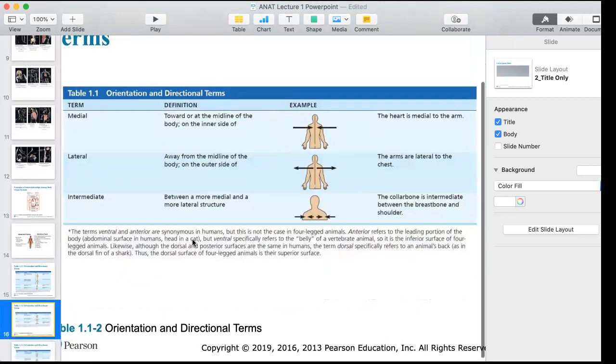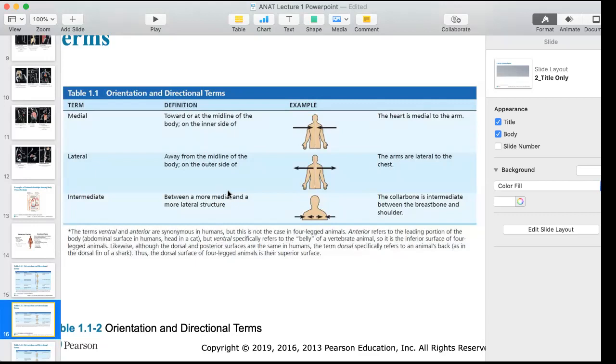Now, when we say something is medial, it's toward the midline of the body. If you know a bit about the body, you know the four ligaments of the knee.